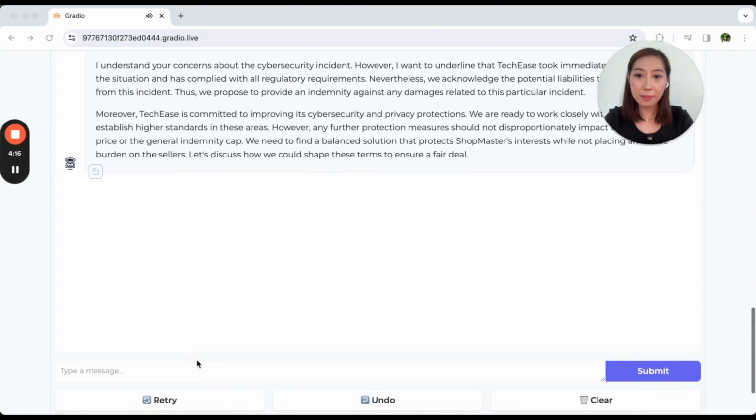Moreover, Tachys is committed to improving its cybersecurity and privacy protections. We are ready to work closely with Shopmaster to establish higher standards in these areas. However, any further protection measures should not disproportionately impact the purchase price or the general indemnity cap. We need to find a balanced solution that protects Shopmaster's interests while not placing an undue burden on the sellers. Let's discuss how we could shape these terms to ensure a fair deal.